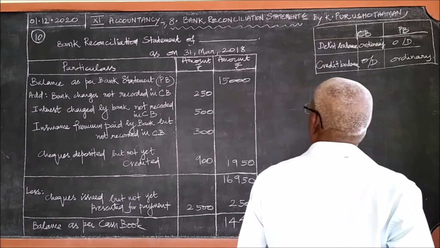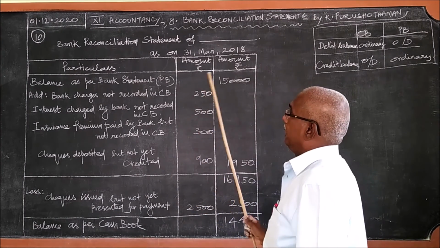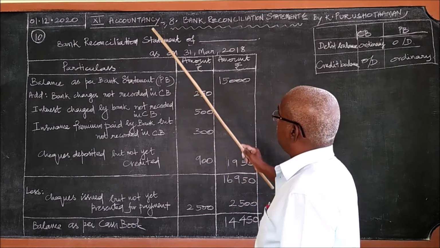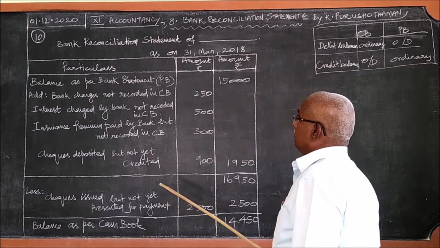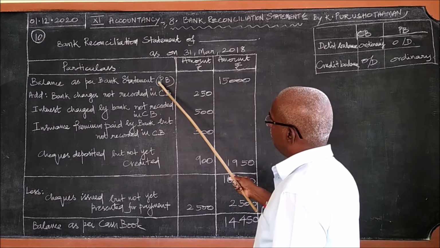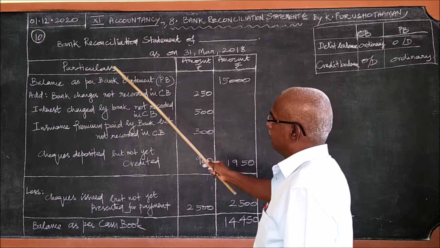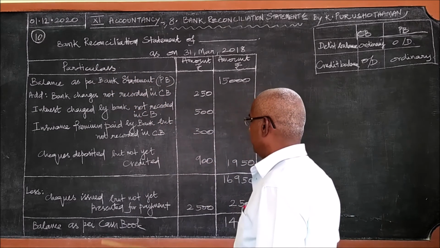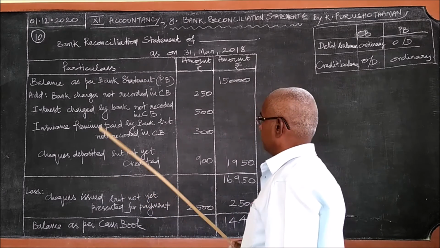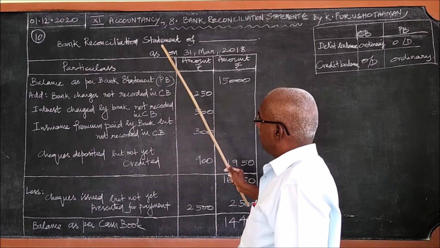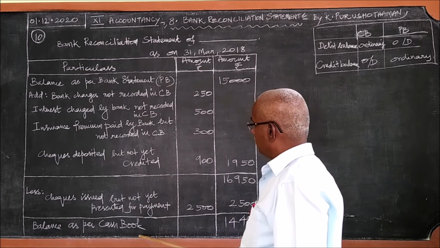Yes, now for this problem number 10, we are supposed to prepare bank reconciliation statements. We started with the passbook balance, that is the balance as per bank statement. Therefore, it must be balance as per cash book; passbook balance to cash book balance.